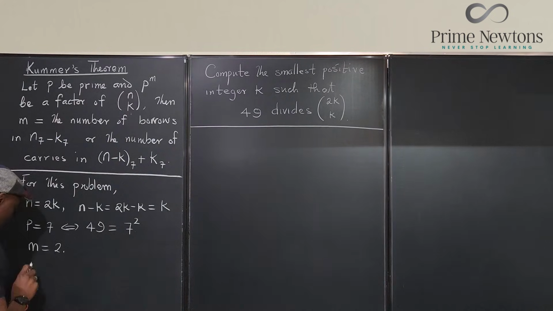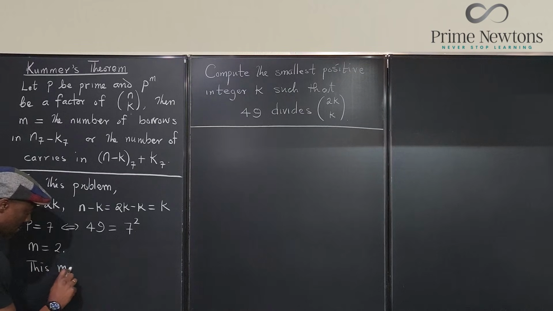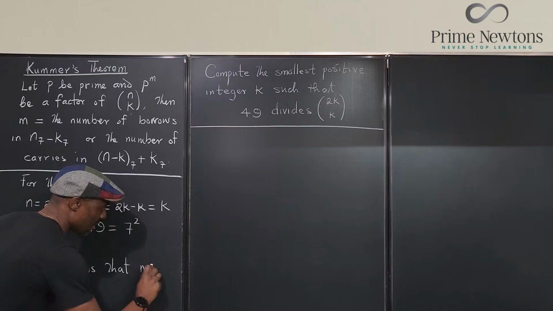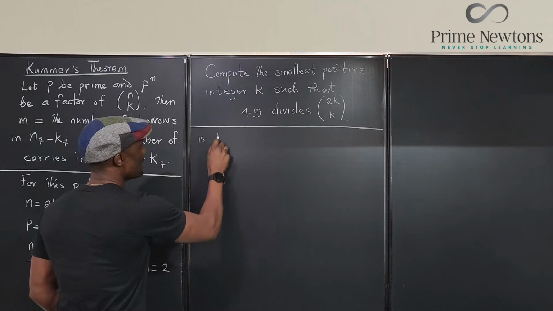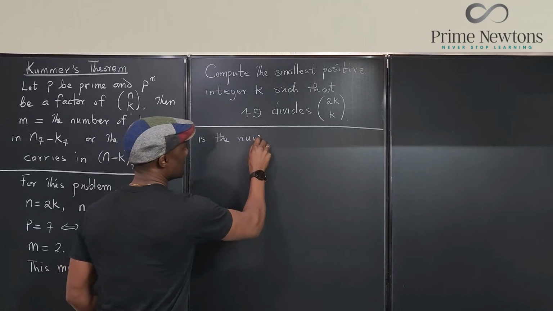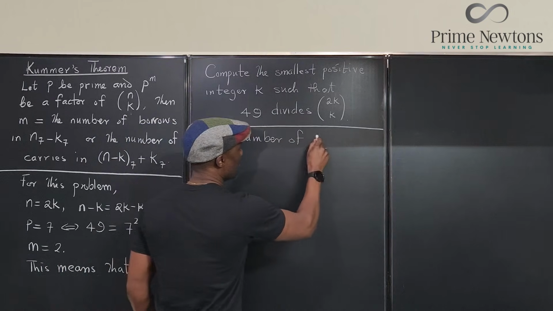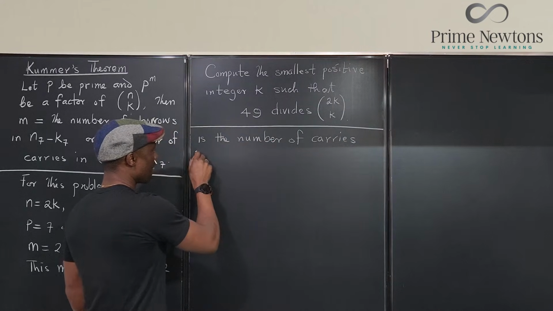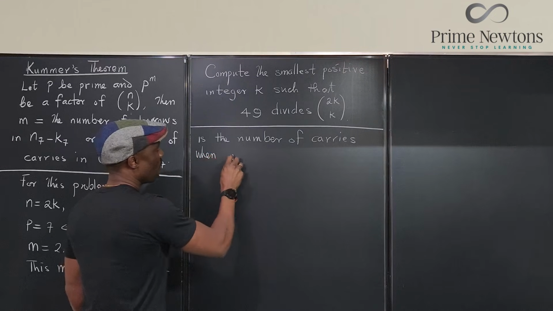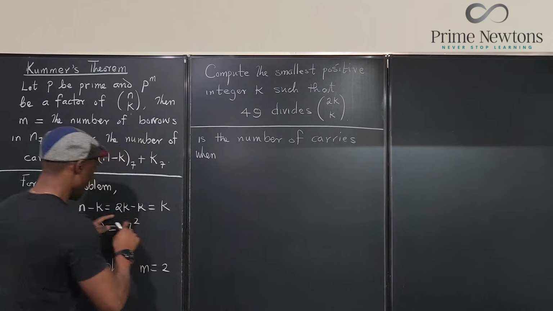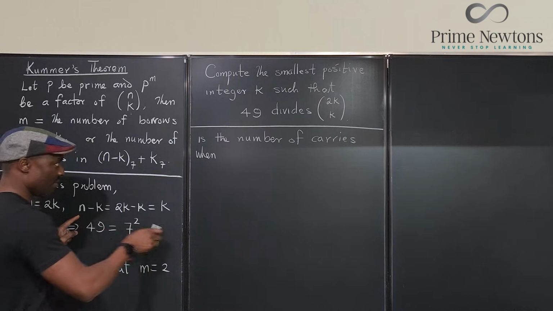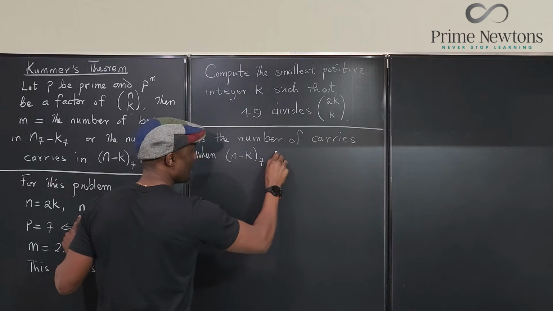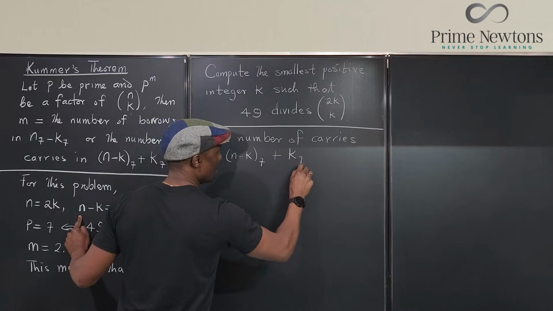So this means that m equals 2 is the number of carries when n minus k written in base 7 is added to k written in base 7.